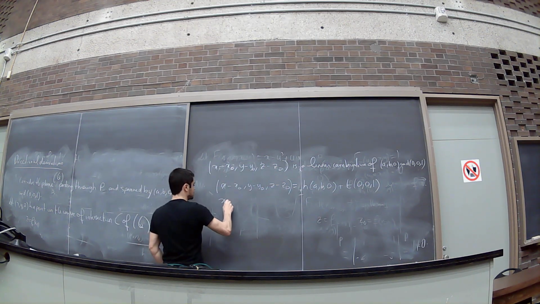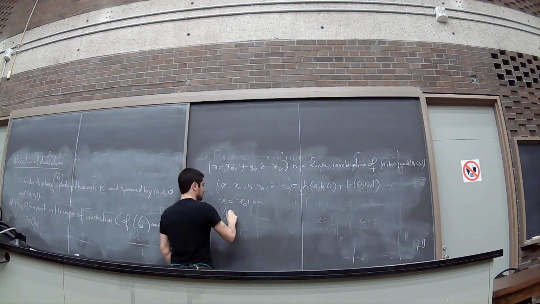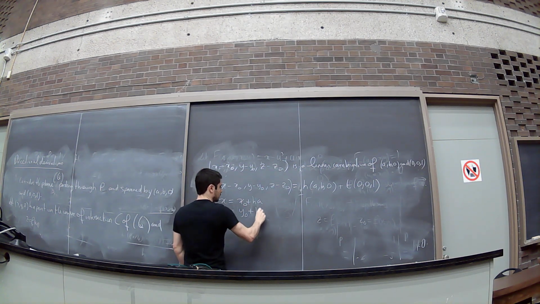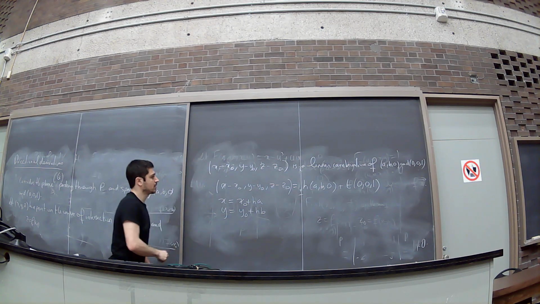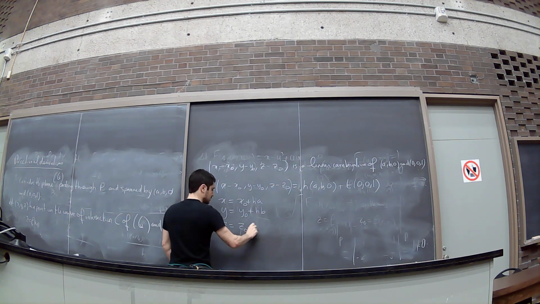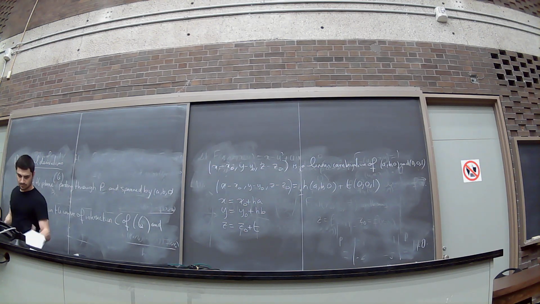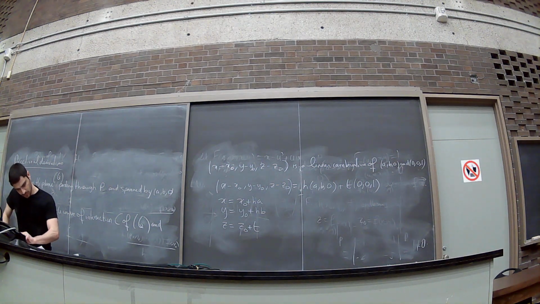What is x in terms of x0? x is just x0 plus ha, y is y0 plus hb, and z is equal to z0 plus t.